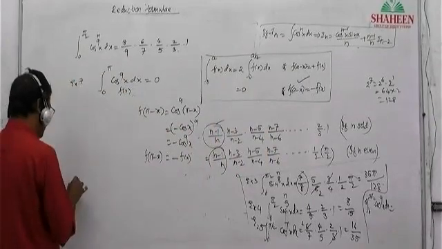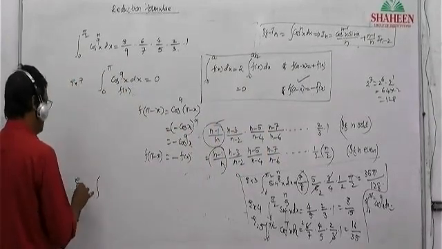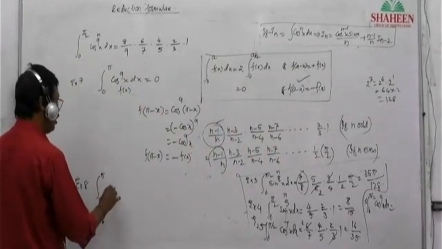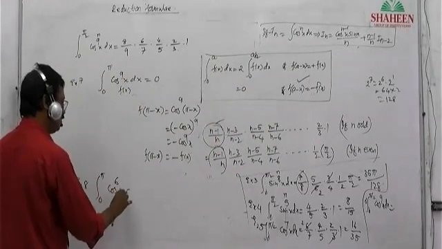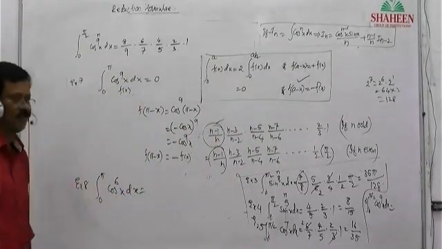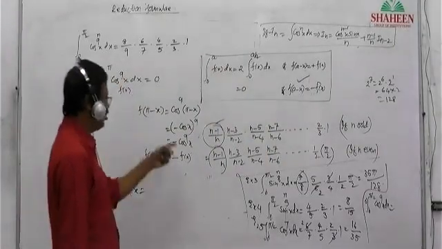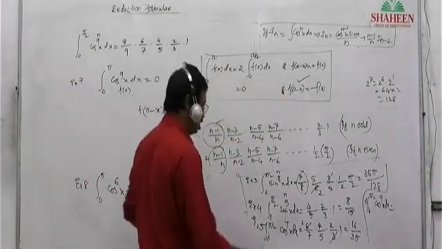Now, another example, the eighth example: integral 0 to pi of cos power 6 x. Now, this integral is not 0.